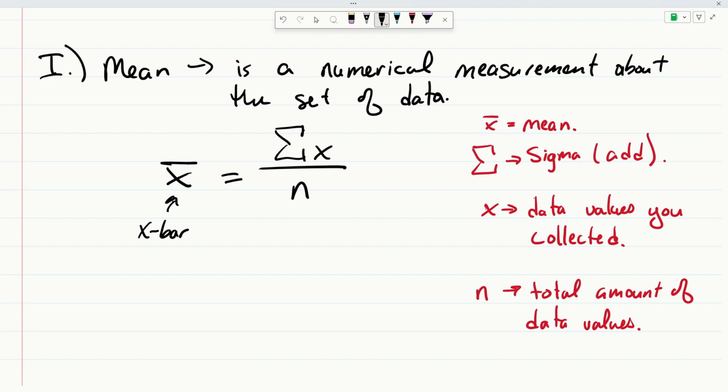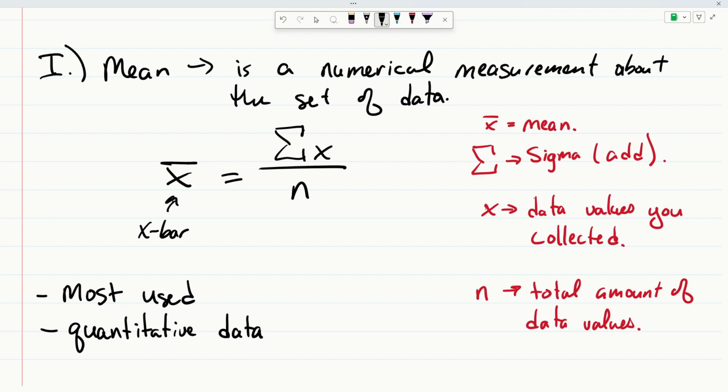Now, the mean is definitely the one that we use the most. So it's definitely most used, and it requires what we call quantitative data, meaning numbers.